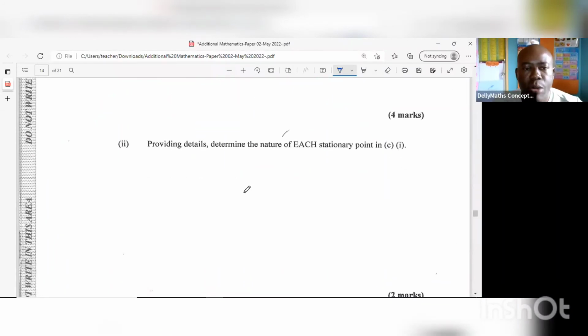Now it says, determine the nature of each of the stationary points. What's the context here? At my stationary point, if I want to evaluate the nature of the stationary point, I'm going to go by the double derivative, d squared y over dx squared.